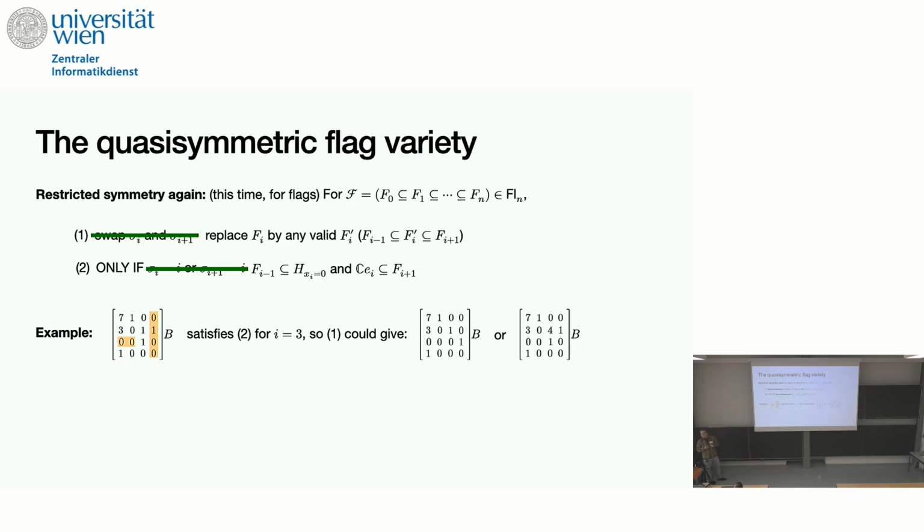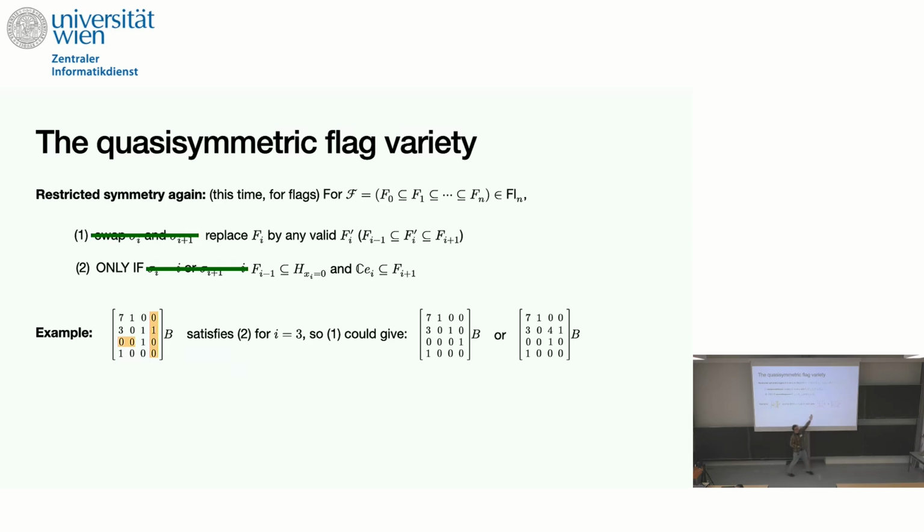Here's an example of one place we could apply this. If we look at this matrix, we look at the span of the first two columns. That span lives inside of x3 equal to 0. And if we look at the span of all columns, that of course contains the third basis vector. So according to this restricted symmetry, I can now replace these last two columns with any linear combination.